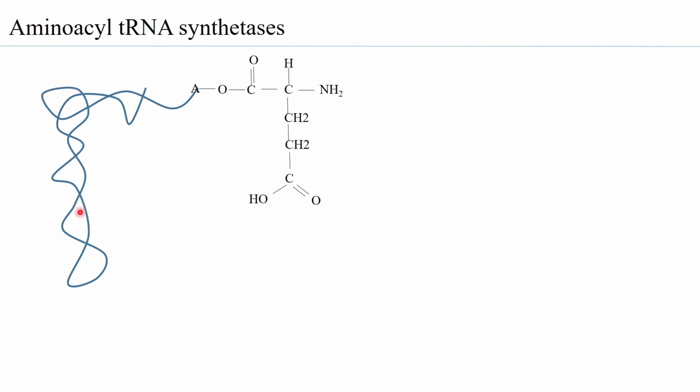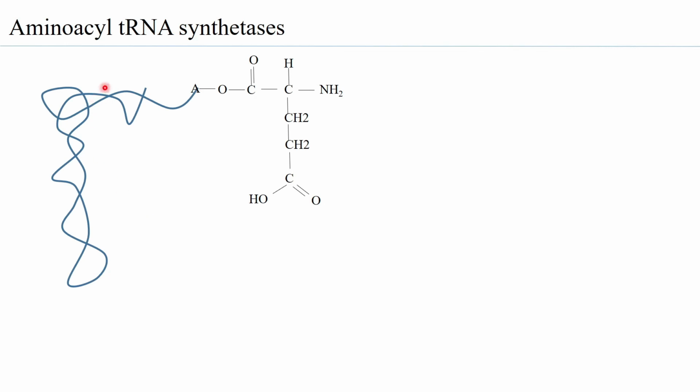Now, an interesting observation is that most prokaryotes would have 20 aminoacyl tRNA synthetases, one for each of the 20 amino acids. But it has been observed that many prokaryotes have fewer aminoacyl tRNA synthetases. So here we will explain with an example.